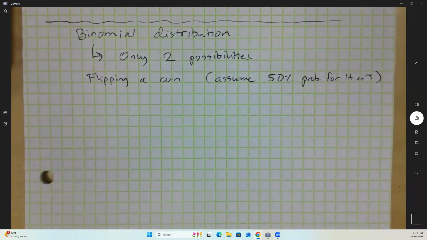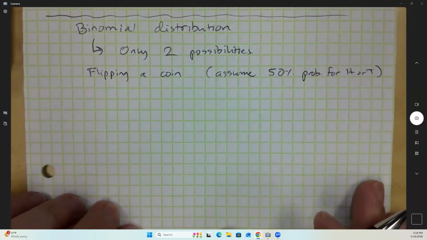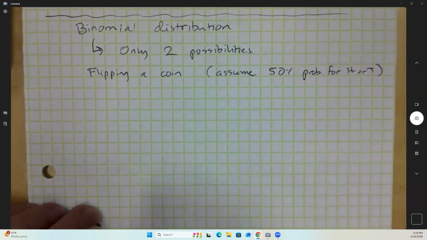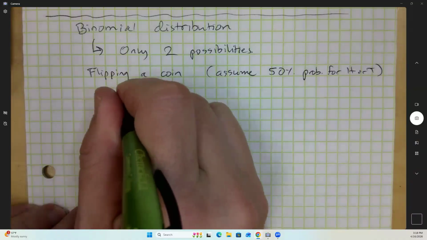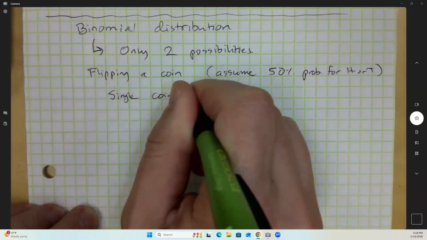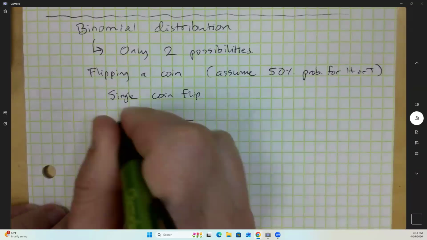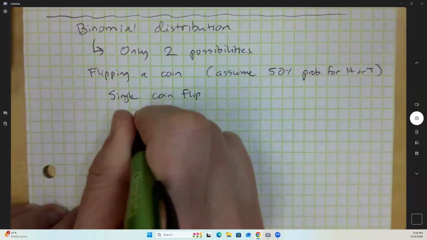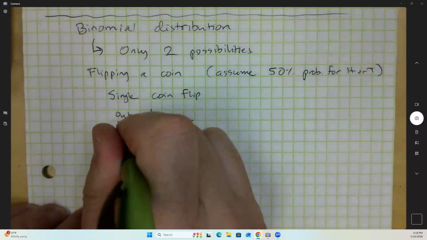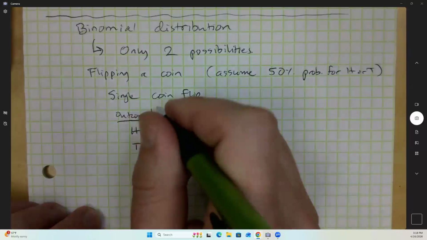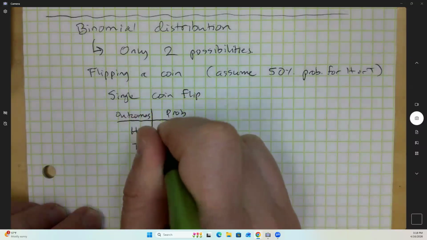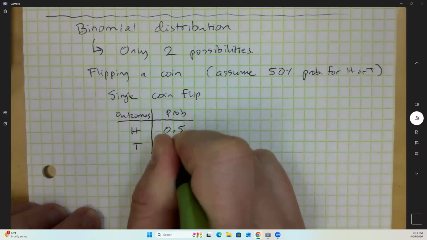So we can do a theoretical probability distribution for a single coin flip. What are the possible outcomes? Yep, it could be a heads or it could be a tails. What's the probability on each? 50% or 0.5.